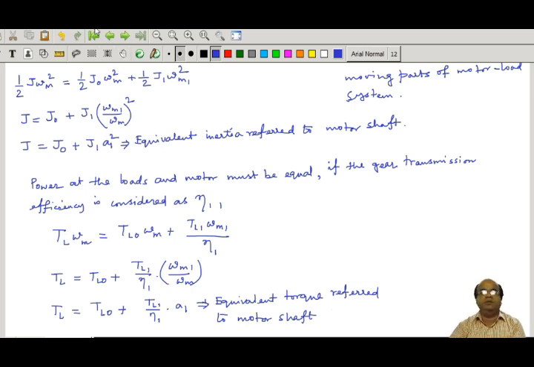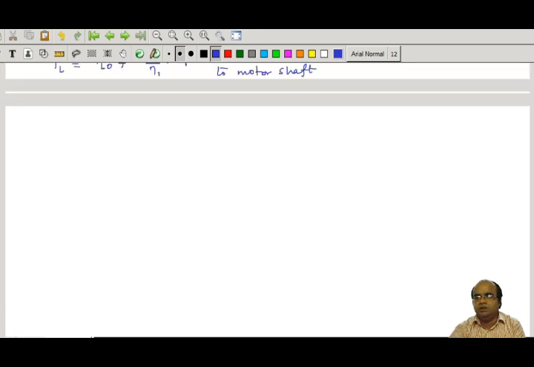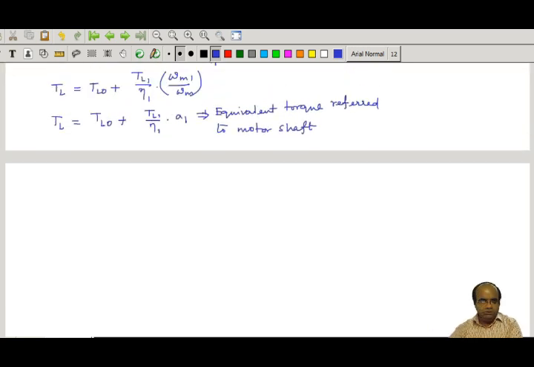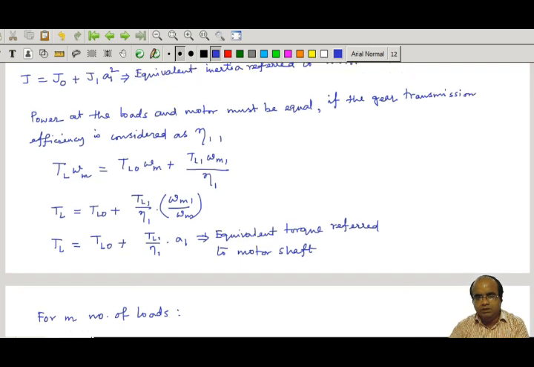Okay. Now from these above two equations, if a number of loads are connected through the gear arrangement, then we can write for m number of loads connected with the gear arrangements, J equals to J0 plus J1 a1 square.